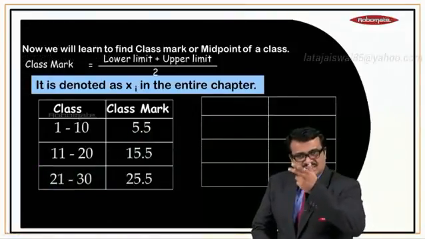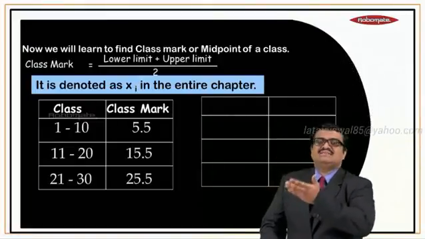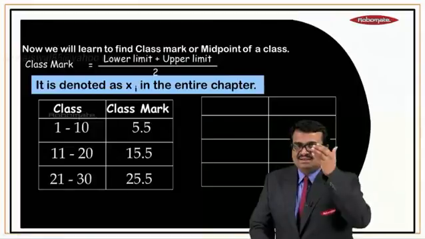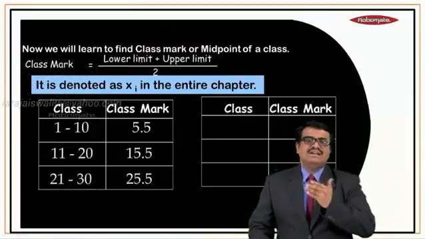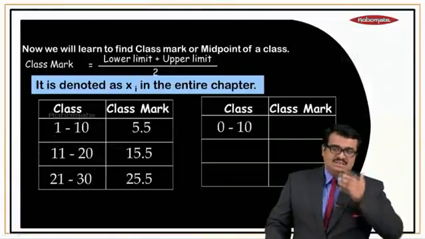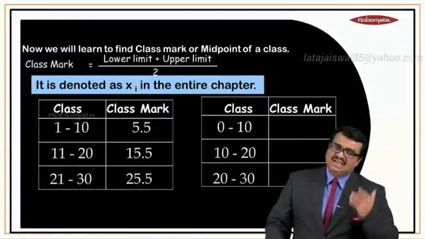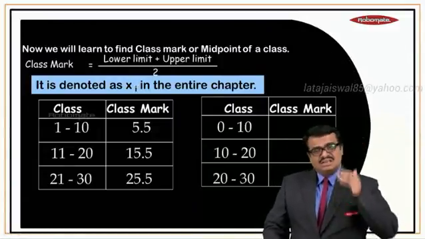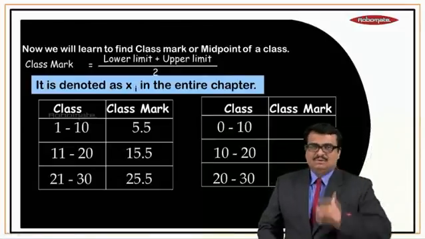Just like we found class marks for discontinuous classes, if you see the first column, the classes are discontinuous. The first one ends at 10, the second one starts from 11. There is a discontinuity. Now we will see continuous classes. The class mark value we find in the same way. Suppose these are the classes 0 to 10, 10 to 20, 20 to 30. The class mark is lower limit plus upper limit upon 2.